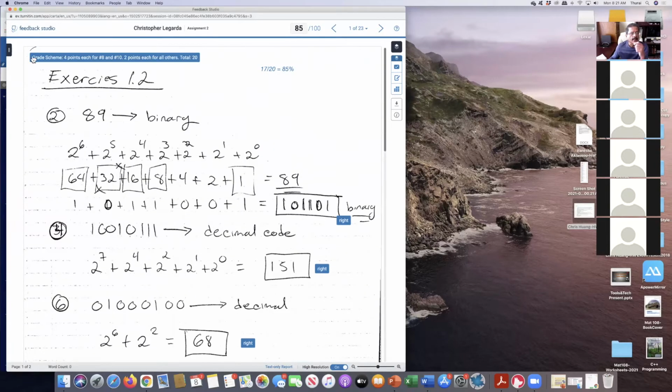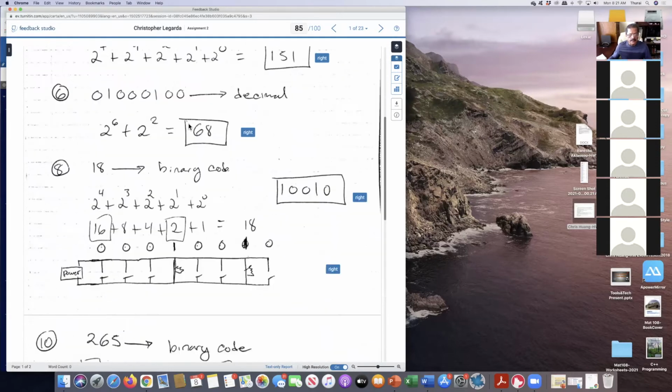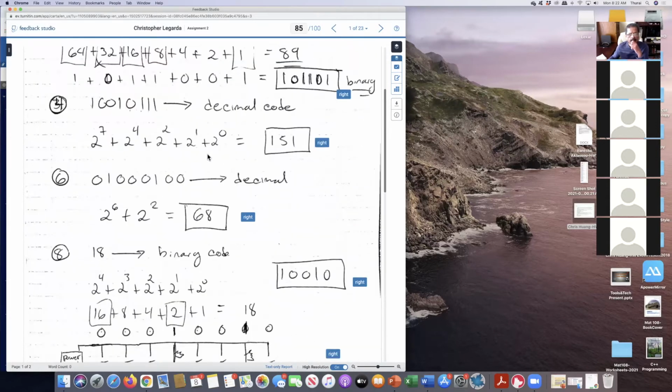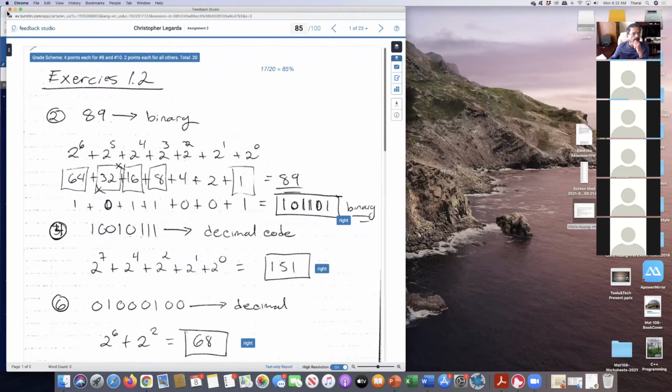I tell you exactly the grading, the points assigned to each problem right at the top. And so using that, you can figure out what went wrong, where you lost the points and things like that. So Christopher has lost 3 points. Well, we don't have to figure that out. You can take a look at it yourself later.